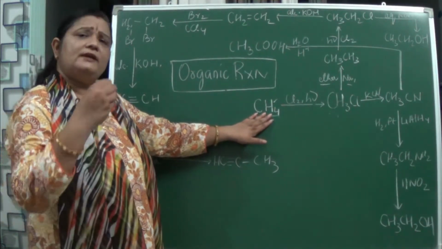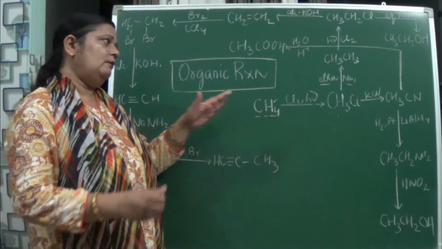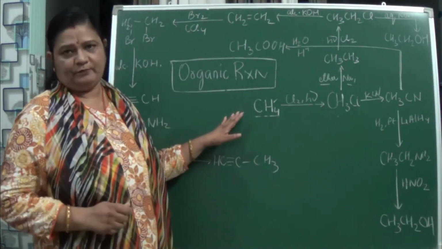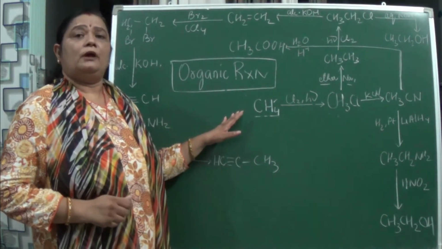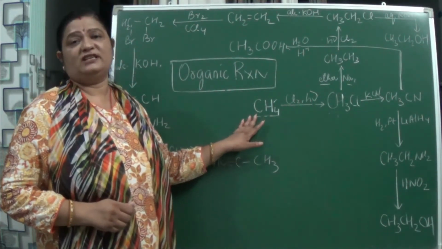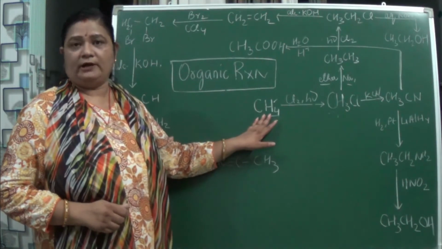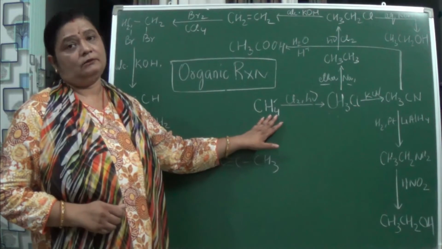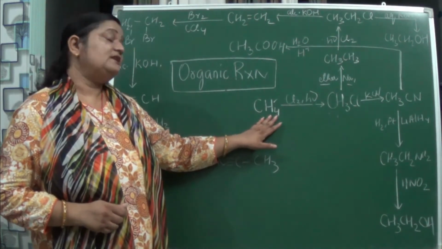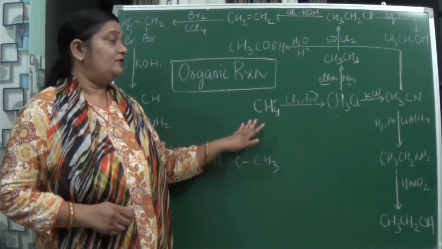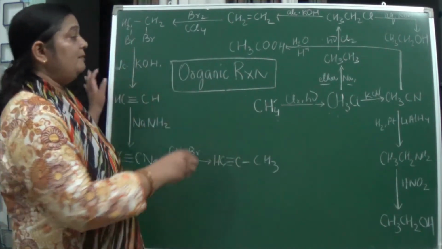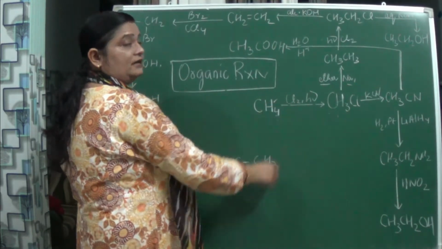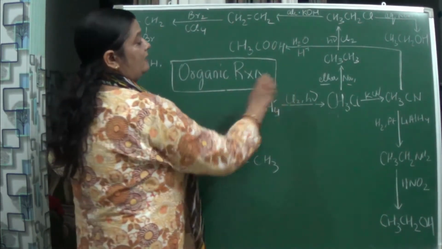Whenever there is a reaction, there will be a main organic compound which will be formed and the other will be the byproduct. What we have to think first is to take out the byproduct first, because then it is easy to take out the organic product which is stable in nature. For the first reaction, we have methane and we take the reactant Cl2 in the presence of ultraviolet rays.